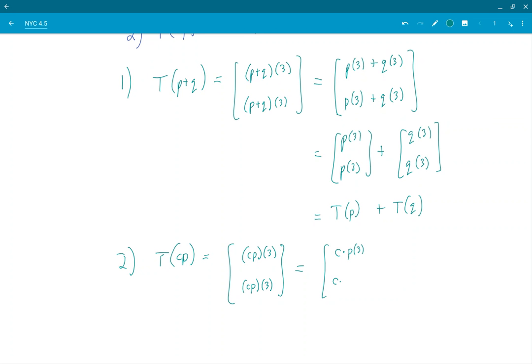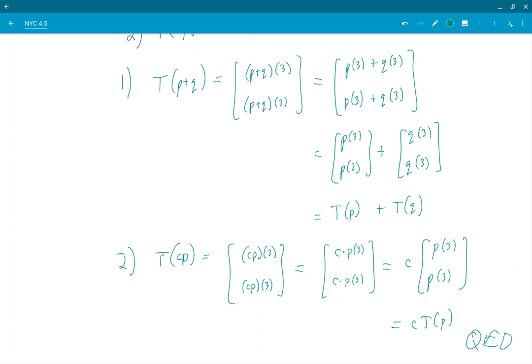You can do some examples to convince yourself on this. It's a little bit abstract, I admit. Okay, the C can come out now. And I get C times T of P. All right. That's what I want to do.